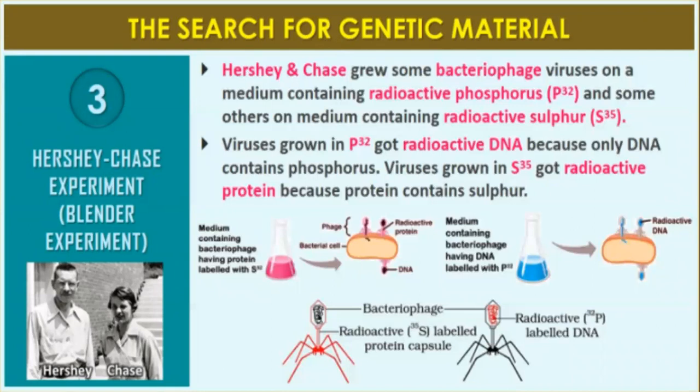Viruses grown on P32 got radioactive DNA because only DNA contains phosphorus. Viruses grown on S35 got radioactive protein because protein contains sulfur.